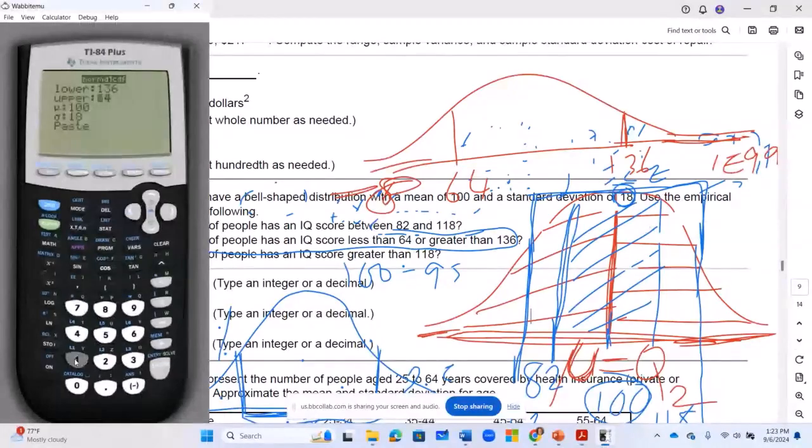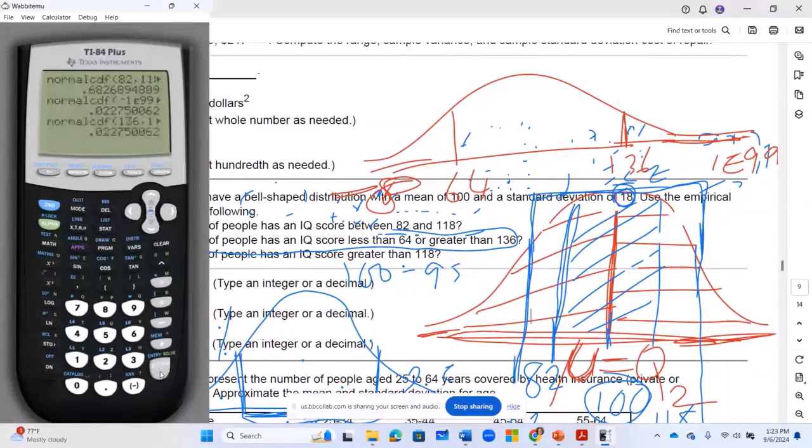When I get my calculator, I will just put in 1e to the power 99. Where is my e again? Second e, I want you to see that e is above the comma, to the power 99. The mean is always 100 in the same question. Standard deviation is 18 in this question. And I'm going to calculate.